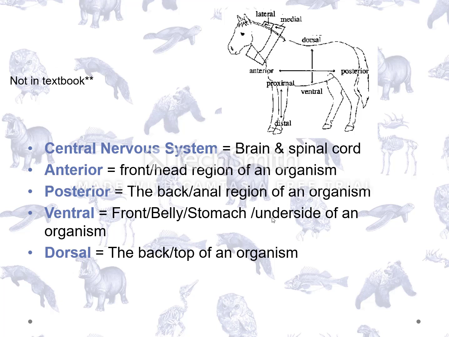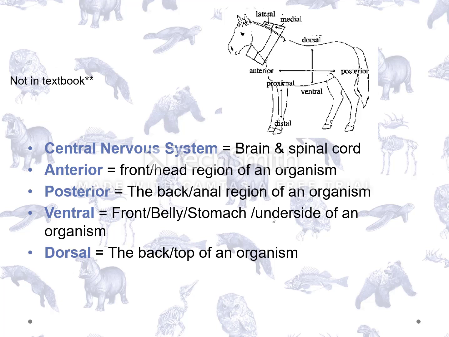If you think of a dog, the head is anterior. Posterior would mean back or anal region. So if you think of a human being again, the entire back part that we cannot see of ourselves, that we look at only on other people, that is posterior. But if you think of a dog or a worm, the anal region, the bum region, is the posterior region.